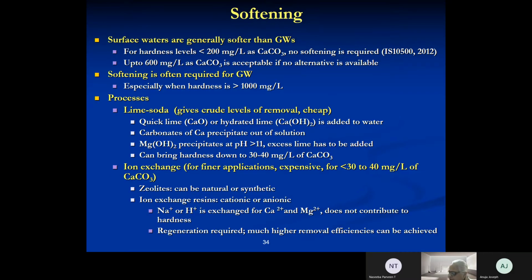If I remember right, the solubility of CaCO3 is 15 milligrams per liter in water. Is it 15 or 25? Yeah. Let me check.